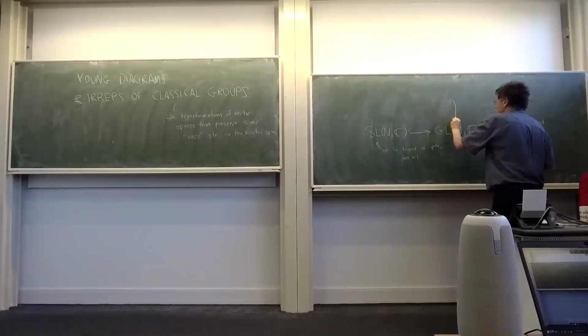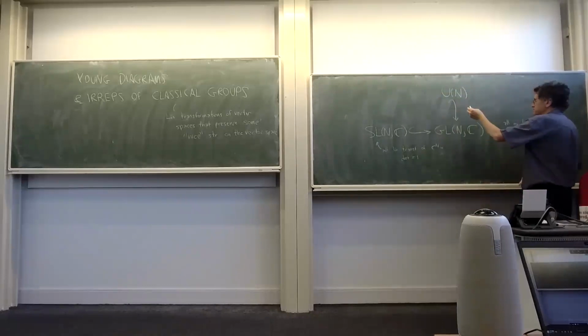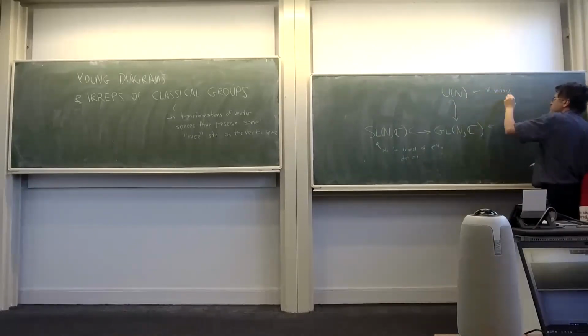There's another incredibly important classical group, which is the group of n by n unitary matrices or unitary linear transformations. So these preserve the usual inner product on C to the n. And an inner product is sort of exactly what I meant when I said a nice structure on a vector space.